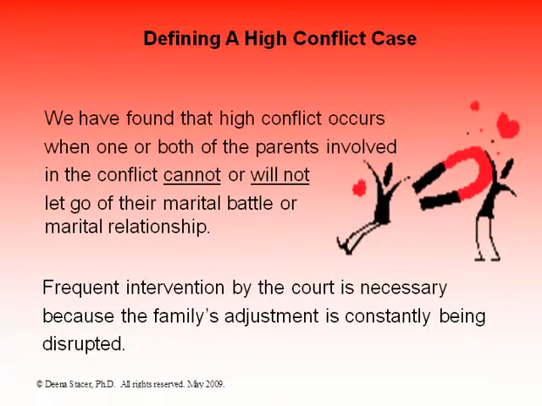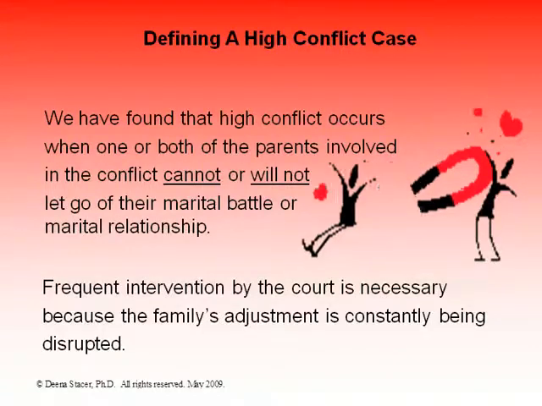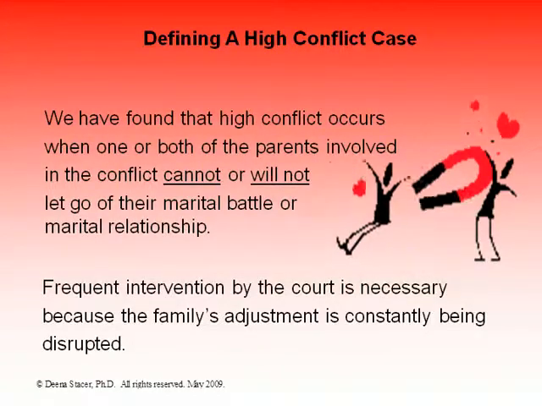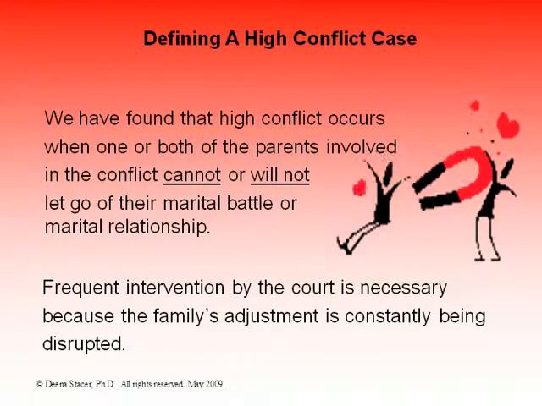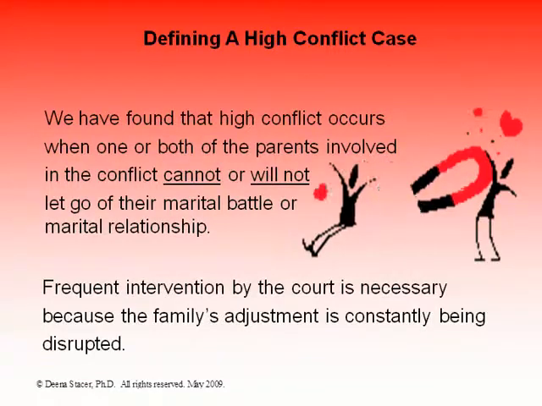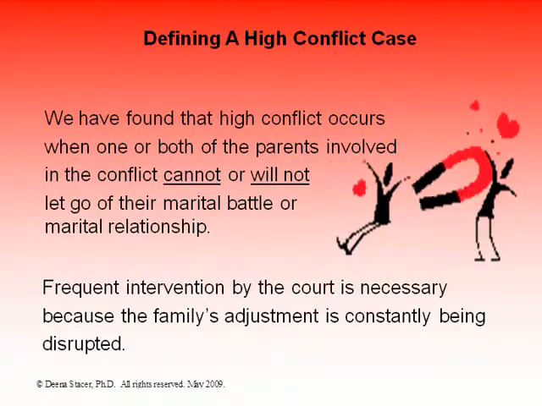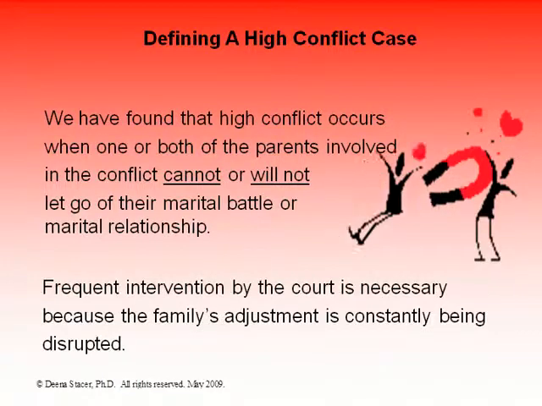And frequent intervention by the court is necessary because the family's adjustment is constantly being disrupted. So here you have parents, one or two of them, who cannot stop fighting or are still focusing on the marital fight, the relationship that went south, and now the courts have to get involved and help settle things down.